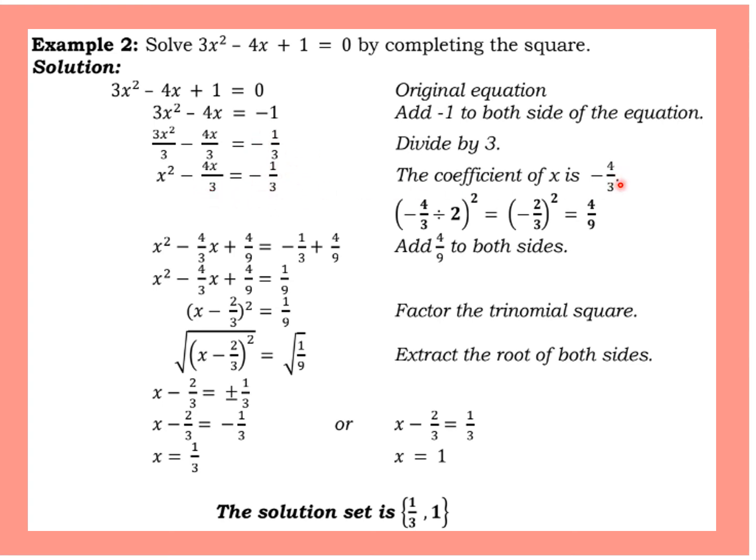So the coefficient of x is negative 4/3. We need to divide it by 2. So (negative 4/3 divided by 2) squared. So kung mapapansin ninyo, division ito, di ba nung grade 7 kayo, division of fraction.